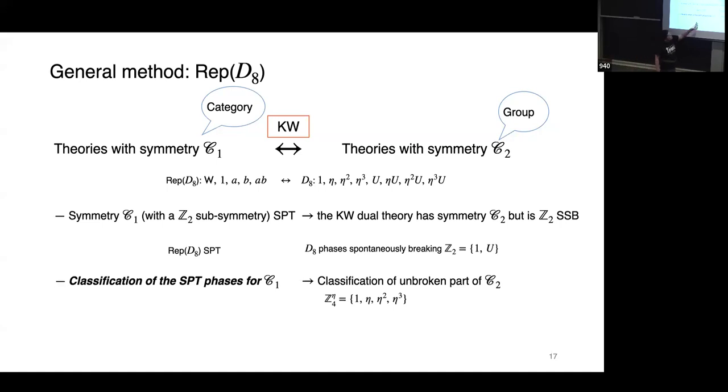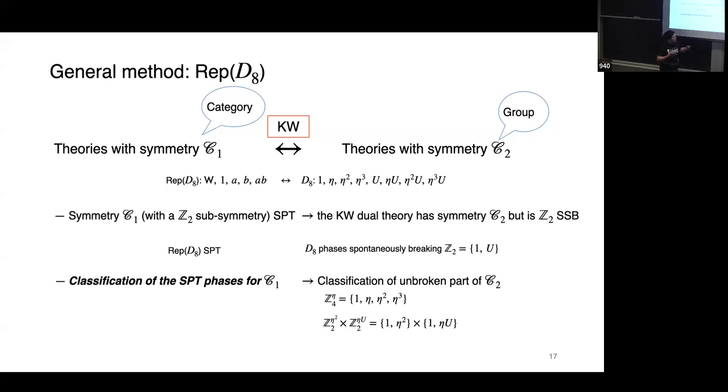The first case is that this Z4 is unbroken. The second case is that a diagonal group of this Z4 and Z2 is unbroken. Actually, you can only find these two cases. So these are the two cases of unbroken symmetry on the right-hand side.